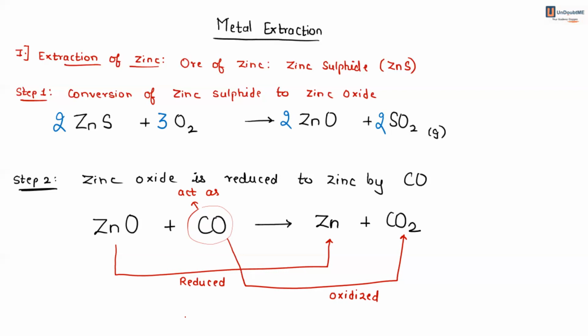Yes, Akbar, can you tell me? CO is getting oxidized to CO2. So will CO act as a reducing agent or oxidizing agent? Oxidizing agent, right? It will act as a reducing agent.